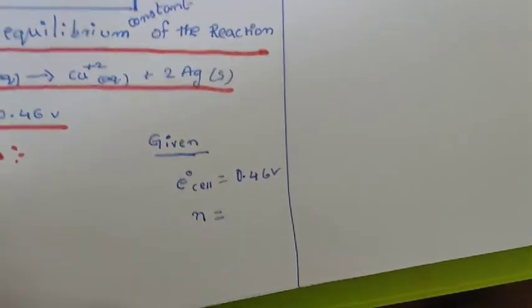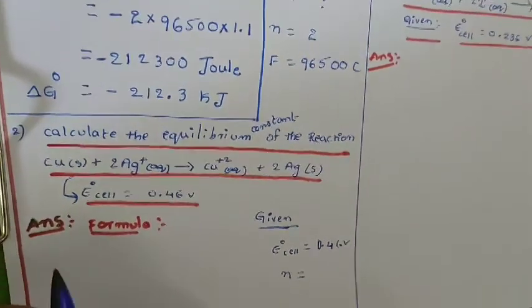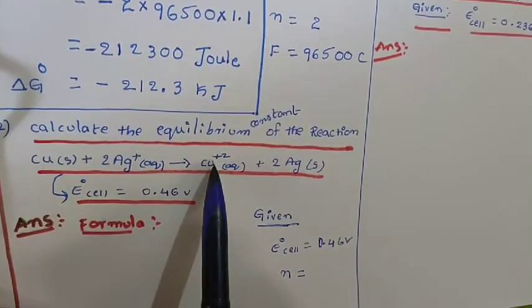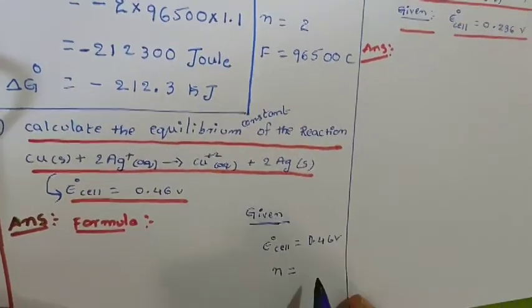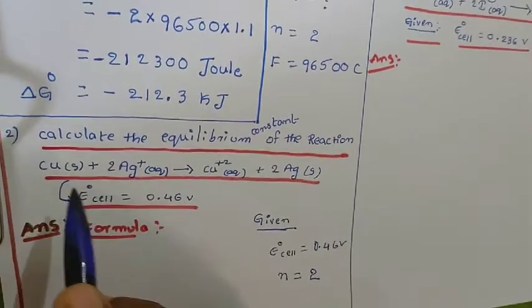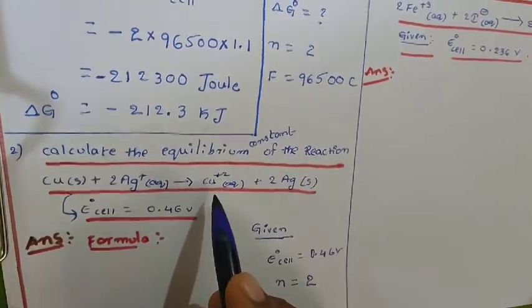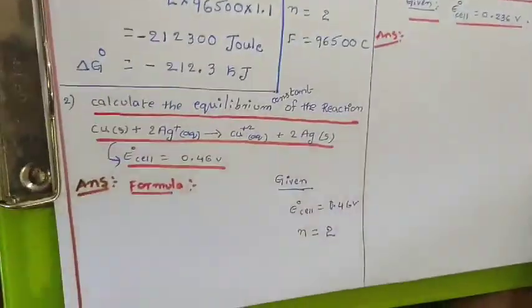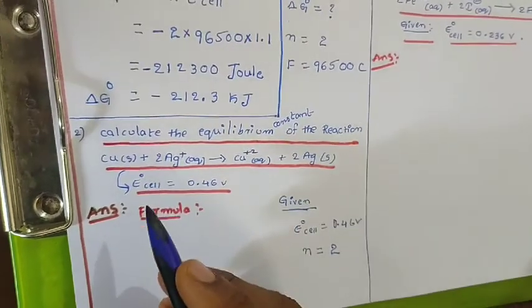How many electrons? Cu is converted into Cu plus 2, which means 2 electrons are lost. That's why n is equal to 2.